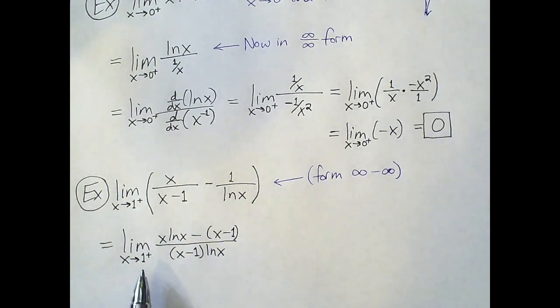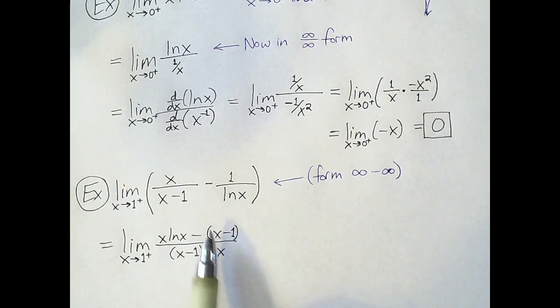Okay, so let's figure out what's going on with this now, as x approaches 1 from the right. I have something approaching 1, something approaching 0. So that first little piece approaches 0. Minus 1 minus 1 is 0. So the numerator is approaching 0.